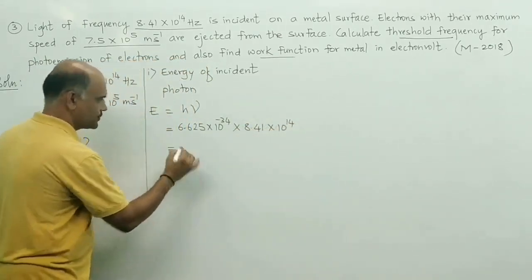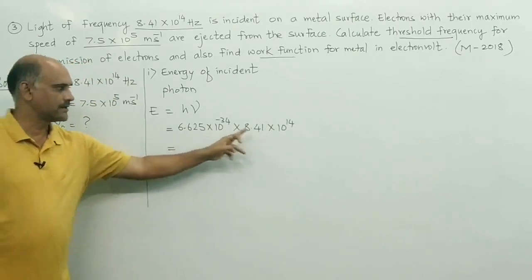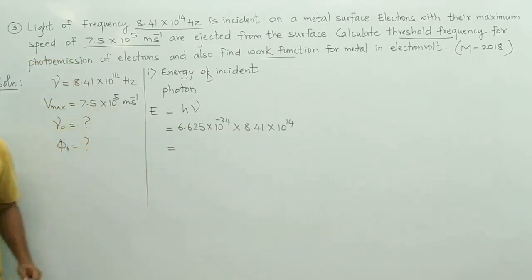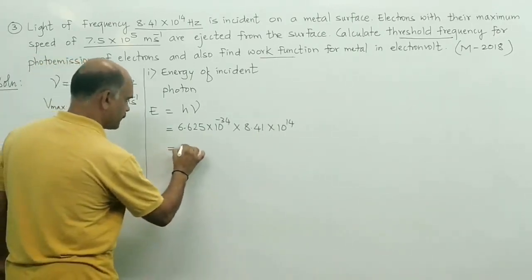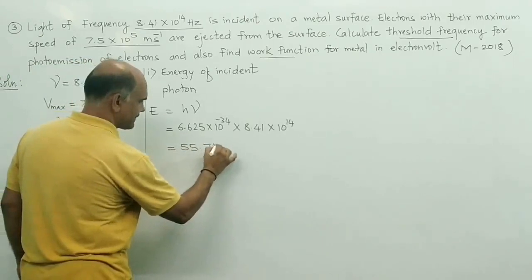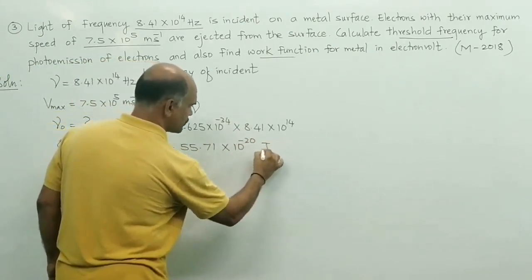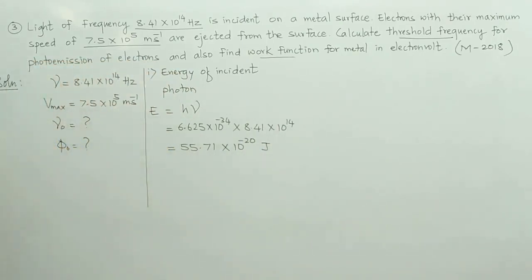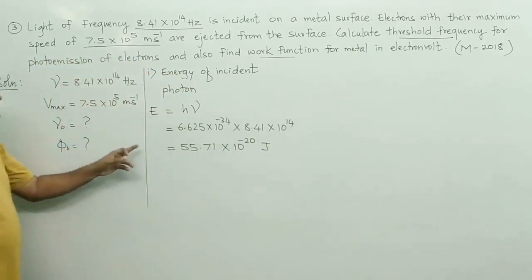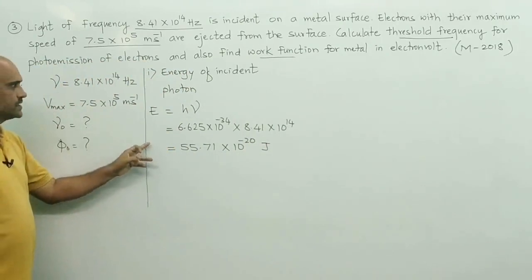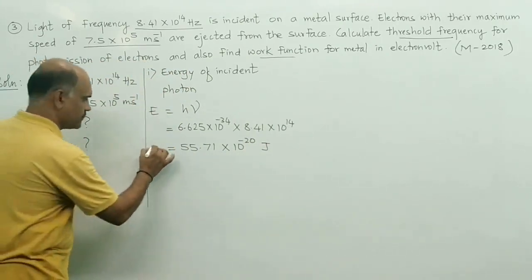So again you use a calculator and multiply these two. If you multiply, you will get 55.71 into 10 raised to minus 20 joules, that is E. You have got it.